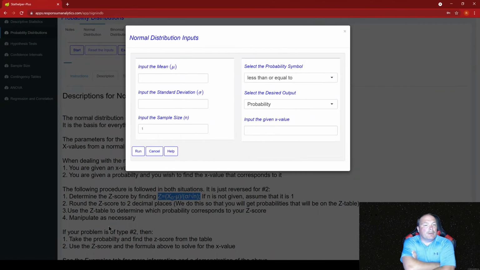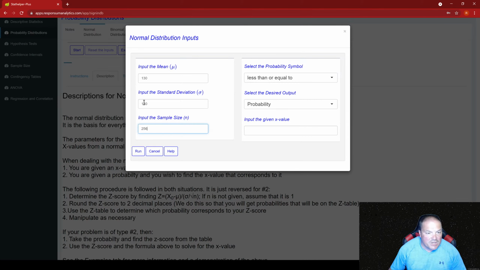Okay, so remember here, we had to put in the mean, standard deviation, sample size. Okay? Now, there are two ways you can do this. Here, we can put this in as 130. Then we can put this in as 256.